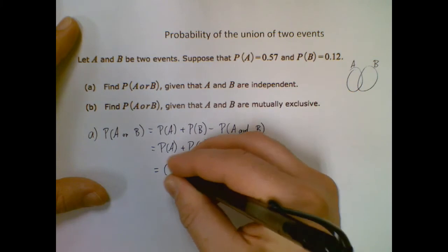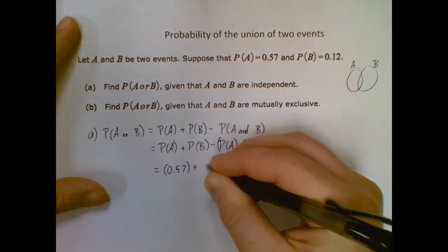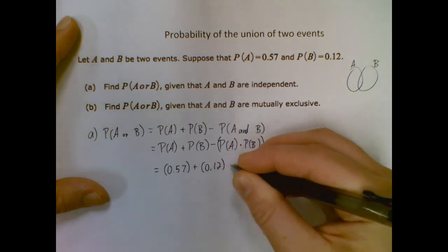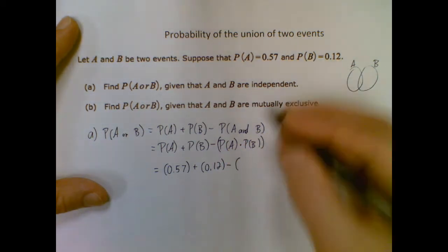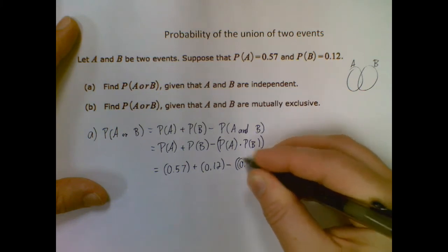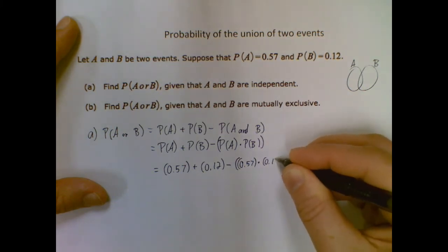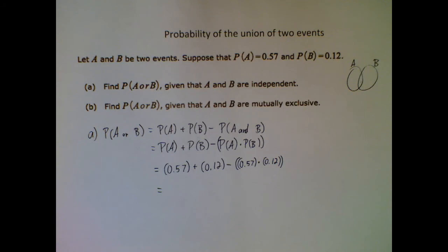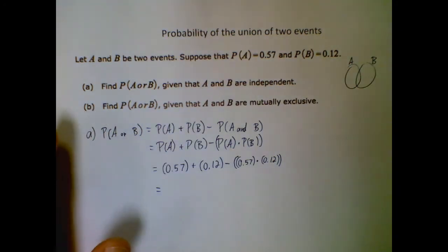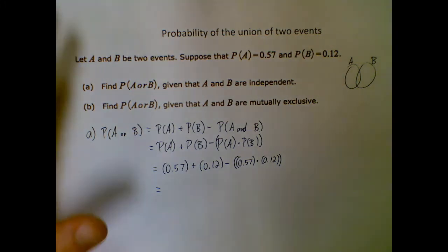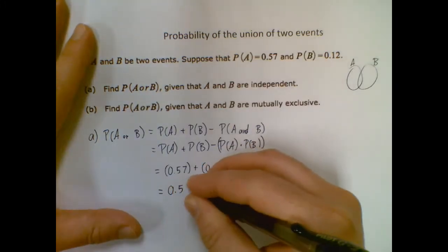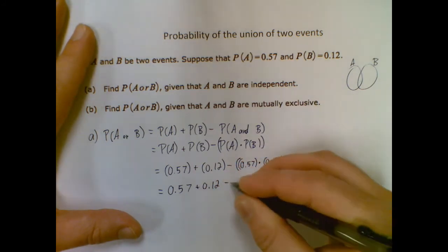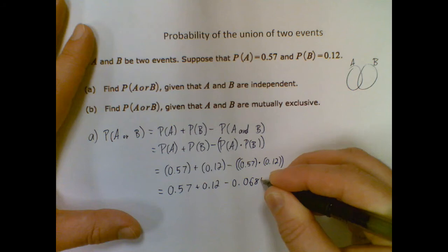So the probability of A is 0.57 plus the probability of B, which is 0.12, minus the probability of 0.57 times 0.12. Okay. So when we grab our calculator and plug all of that in, let's see what we get. For the first part, so we can break it down into steps, let's do the 0.57 times 0.12. Okay, so we have 0.57 plus 0.12 minus 0.0684.